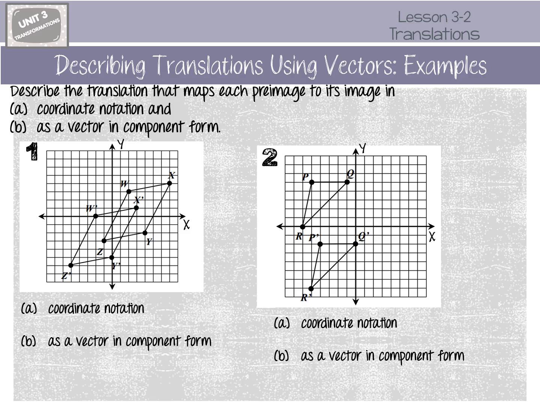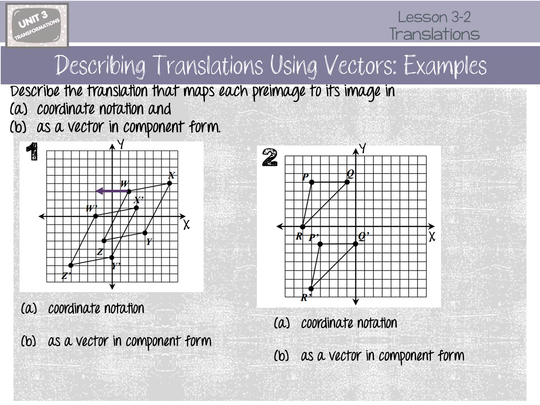Describing translations using vectors. So we need coordinate notation and component form as a vector. So we need to figure out where our initial points are and where the terminal points are. Looks like if we're just doing W to W prime, so everything isn't all on top of each other.